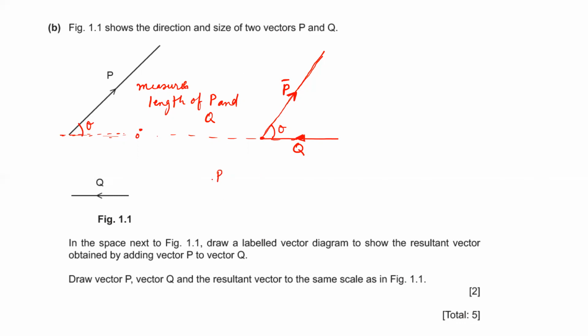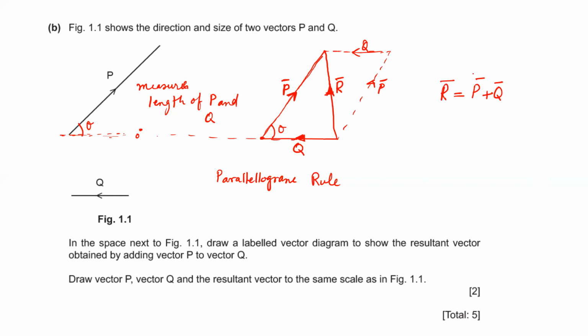Now you remember the parallelogram rule for vector addition. So just make another equivalent vector Q and another equivalent vector P. So this is P, this is Q. So the resultant vector will be this one. This is your resultant vector R, and make sure you have resultant vector R equals P plus Q, right?